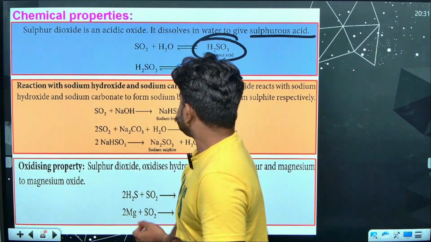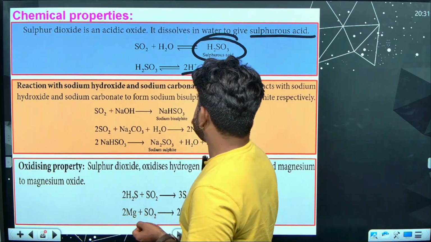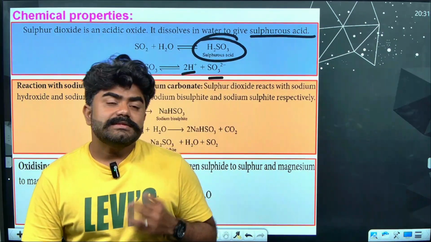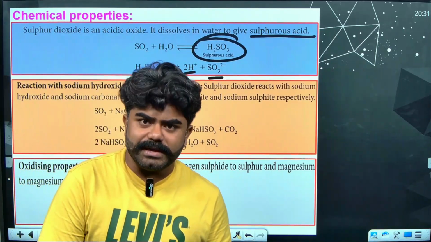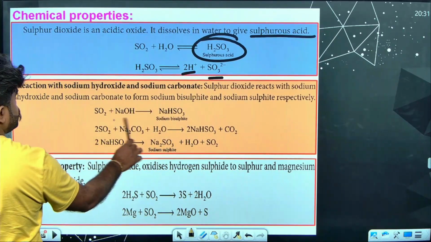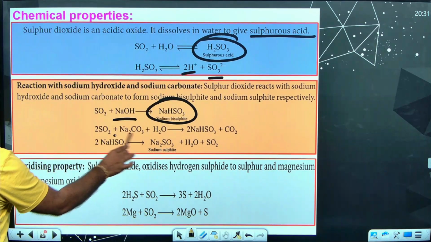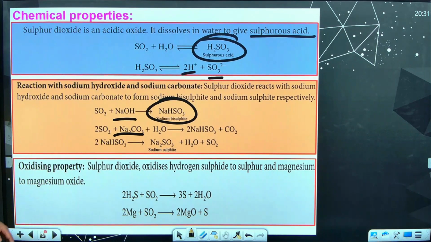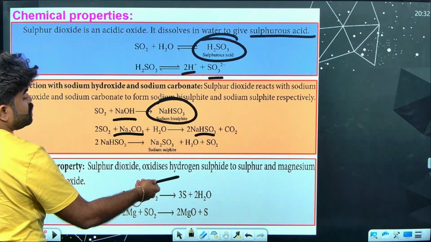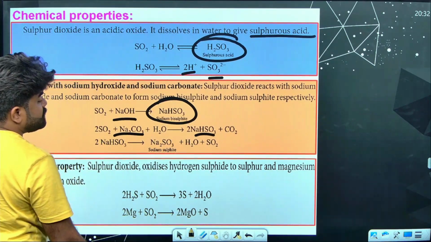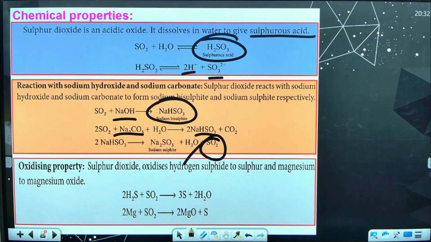Further, that can be cleaved into 2H plus and SO3 2 minus. Since sulfur dioxide is acidic, of course it reacts with bases like NaOH to form sodium bisulfite. Also it can react with sodium carbonate, which is also basic, to form sodium bisulfite, and sodium bisulfite further dissociates into sodium sulfite, water, and again sulfur dioxide.